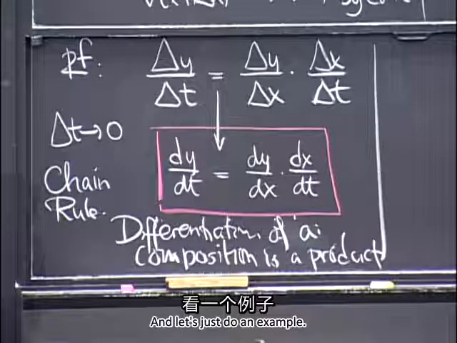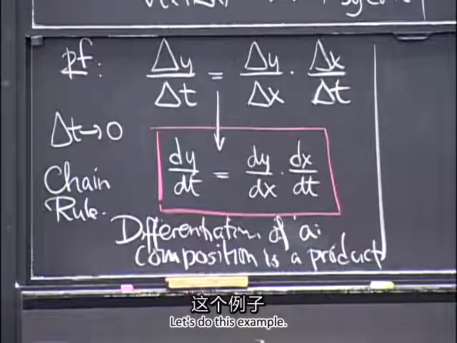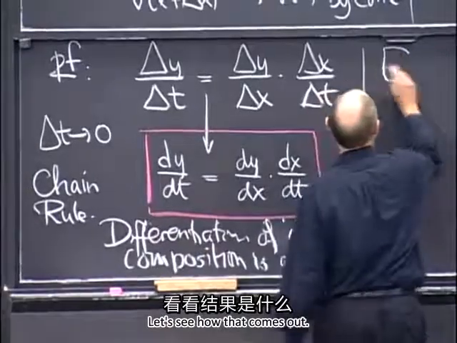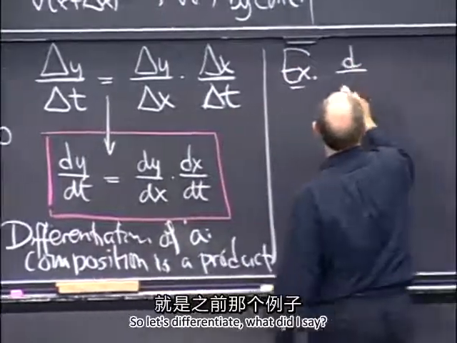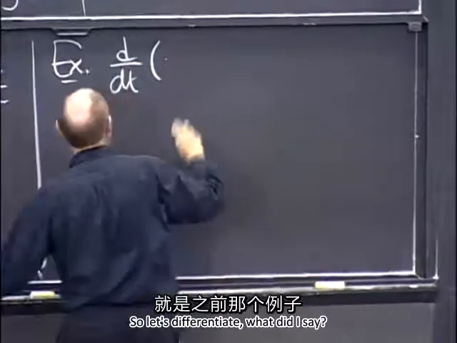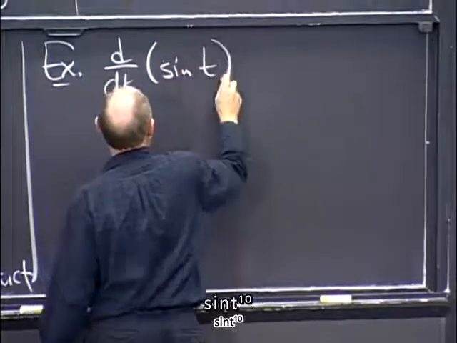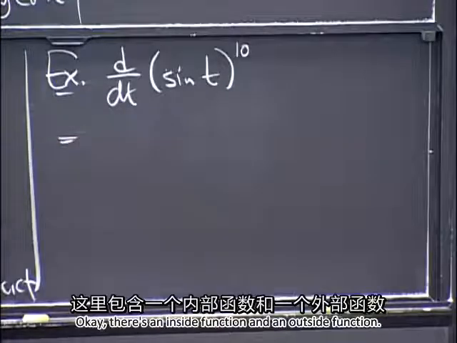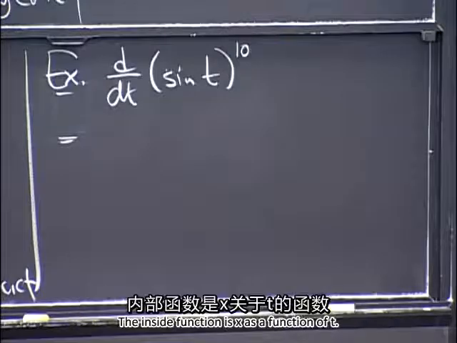And let's just do an example. Let's do this example. See how that comes out. So let's differentiate sine of t raised to the 10th power. Okay, there's an inside function and an outside function. The inside function is x as a function of t.